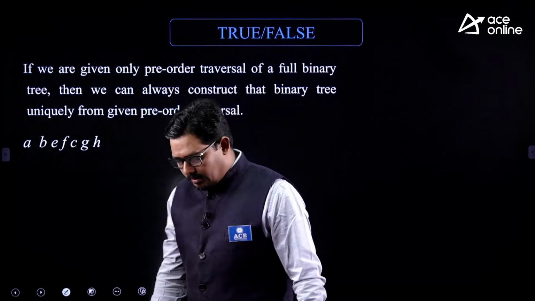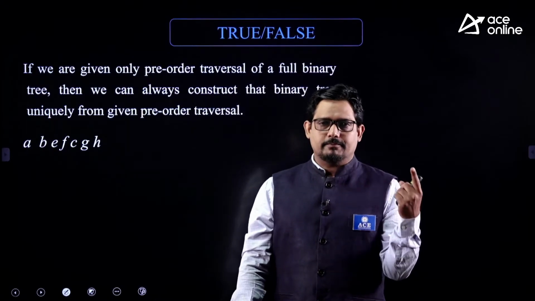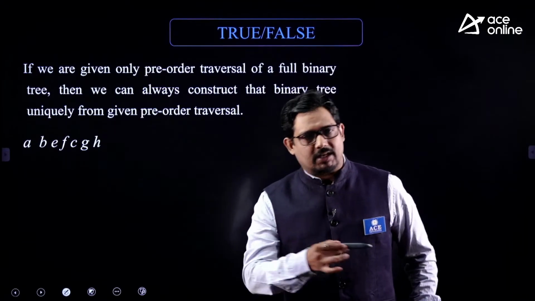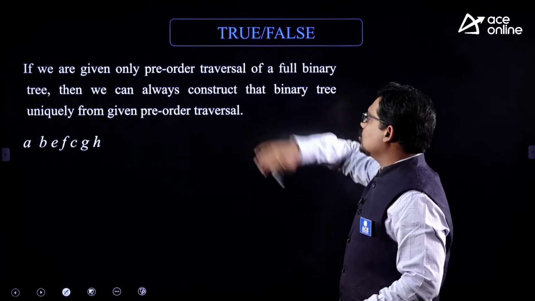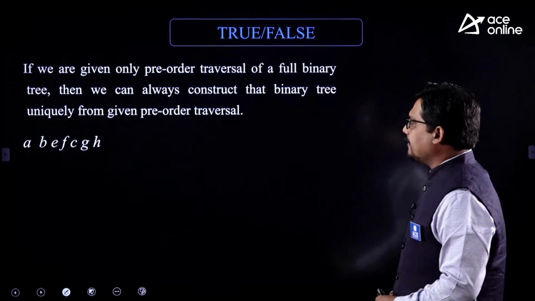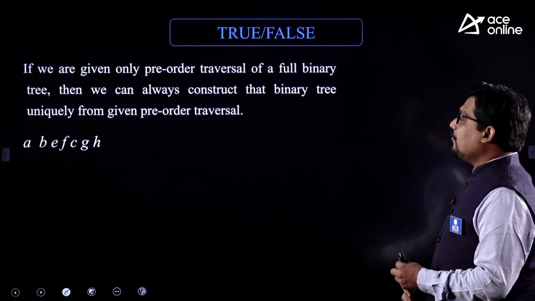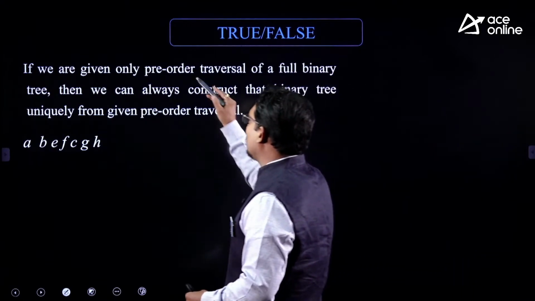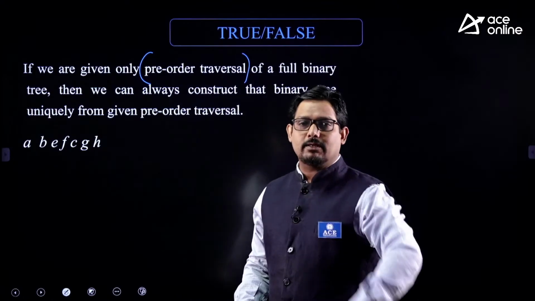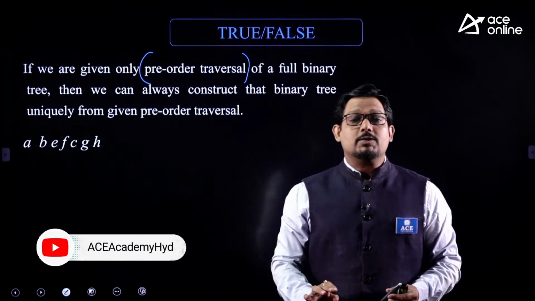Now, that is the first concept for the day. I'll extend this concept to another special case, and this question is true or false. The question says, another concept, same traversal: if we are given only the pre-order traversal, only a single traversal, what is pre-order?